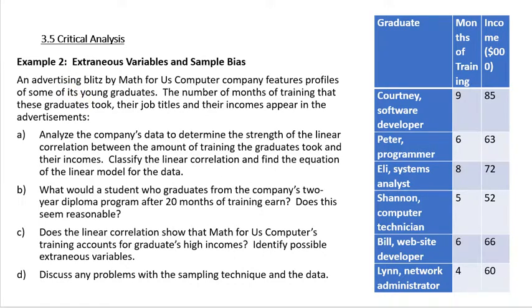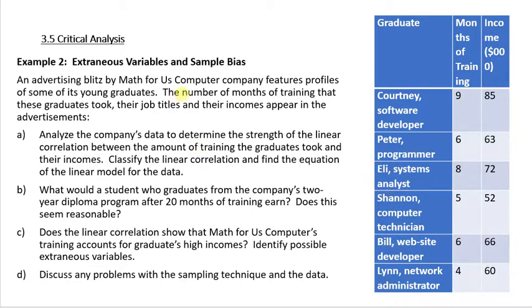Let's see if we can get the last one in here. Example 2, extraneous variables and sample bias. An advertising blitz by Math for Us Computer Company features profiles of some of its young graduates. So for example here, Courtney is a software developer, Peter's a programmer, Eli's a system analyst, Shannon, Bill, and Lynn.